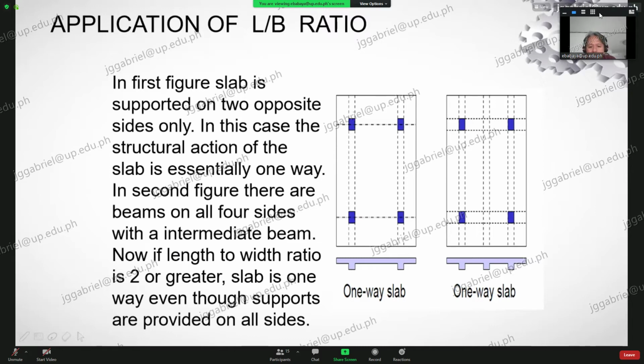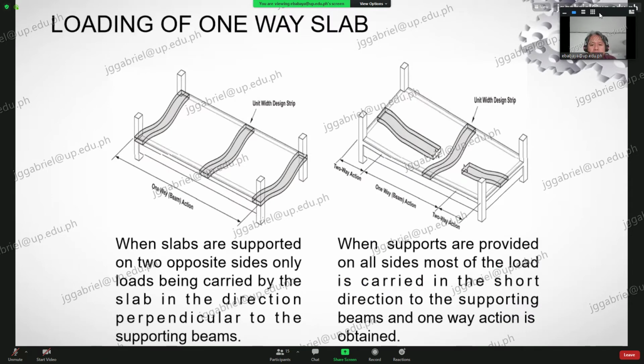And specifically, this is what happens. No? When slabs are supported on two opposite sides only, loads are being carried by the slab in the direction perpendicular to the supporting beams. Okay, ito yung sinasabi ko kanina. Ito yung supporting beams. No?